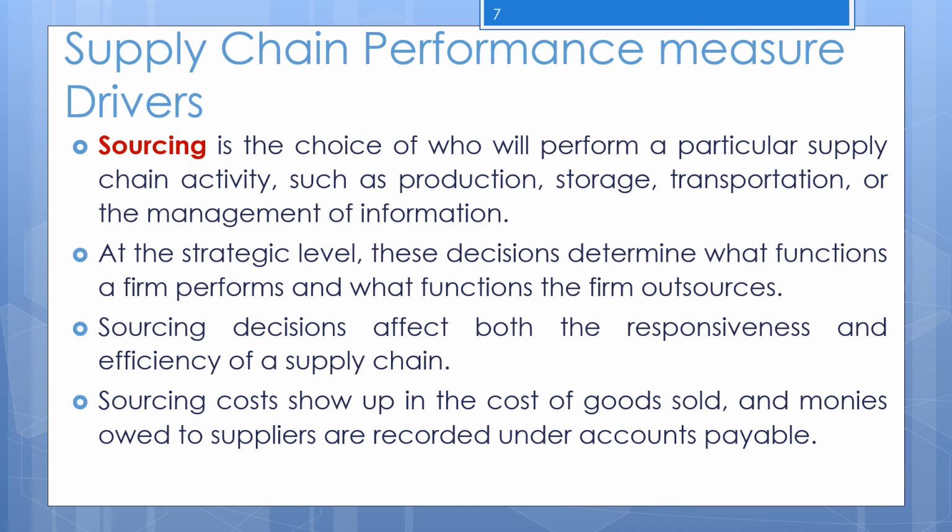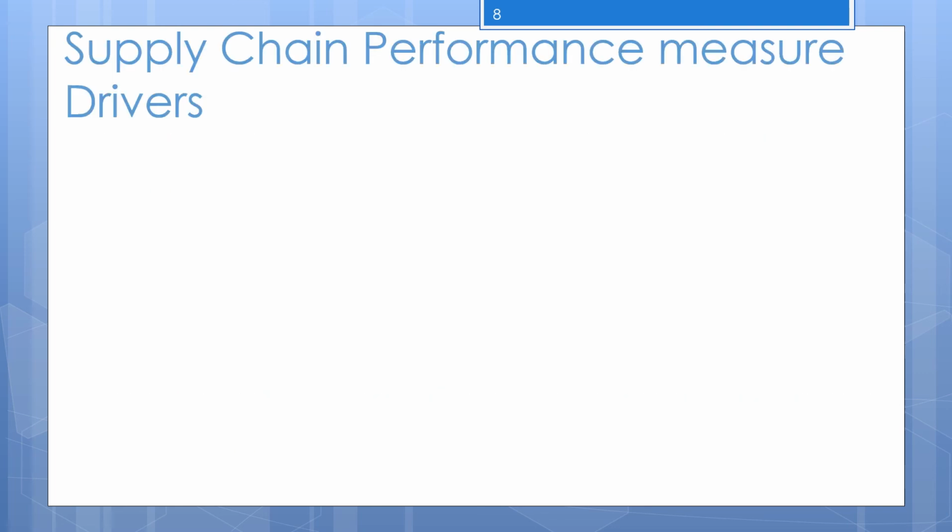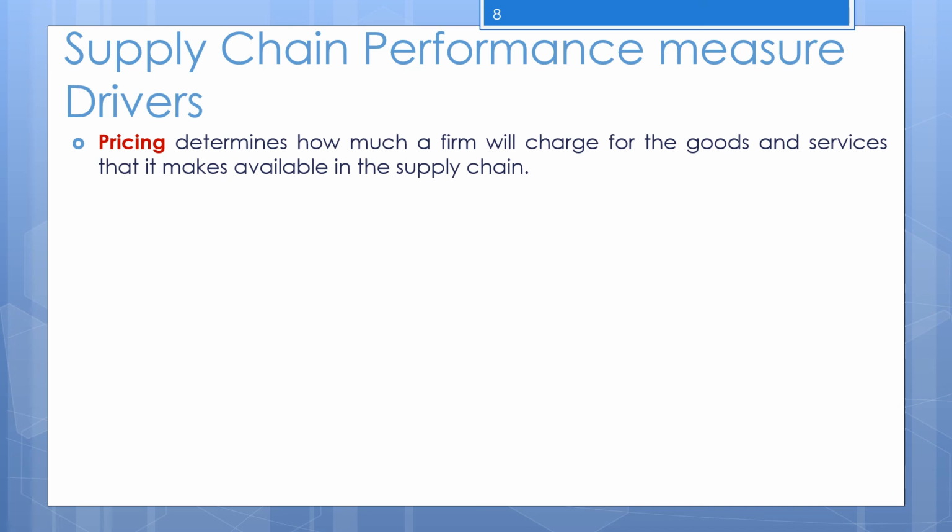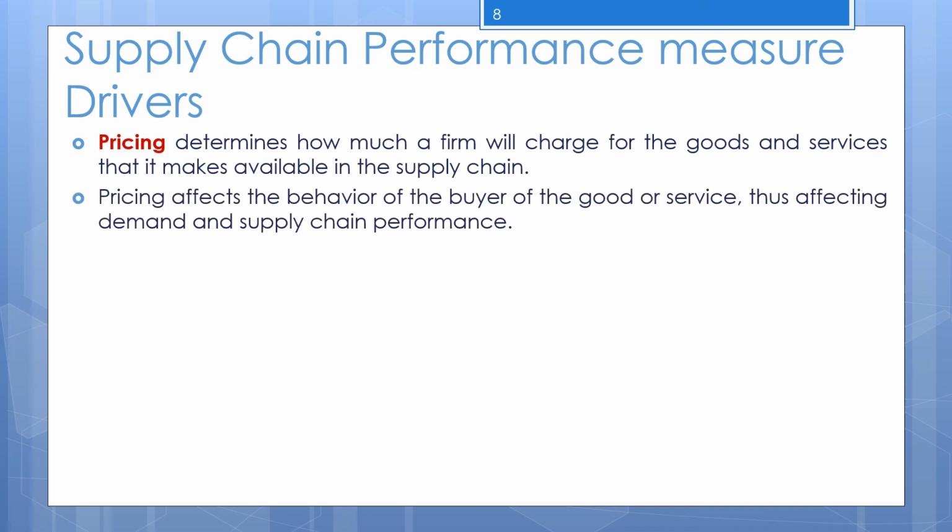So these are the different types of drivers that we have discussed, and next we can think of the next one. In some textbooks, even pricing is mentioned as one of the drivers of supply chain performance.